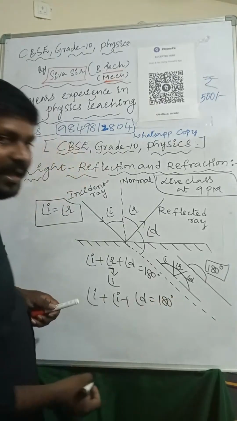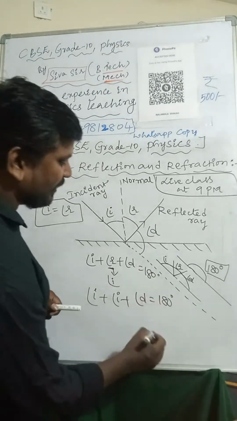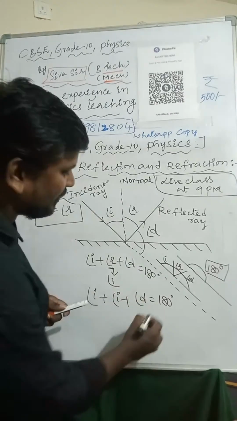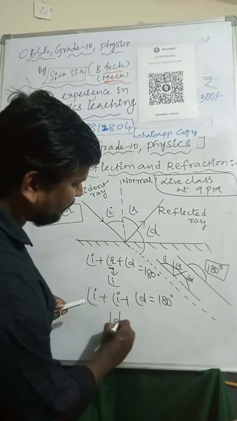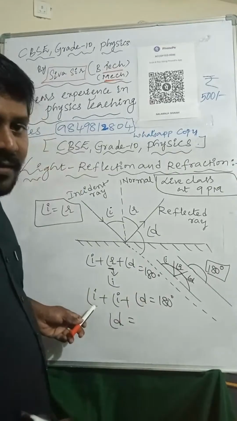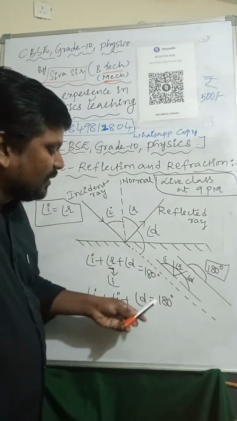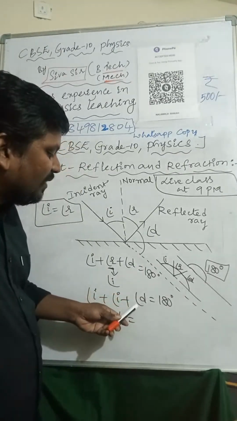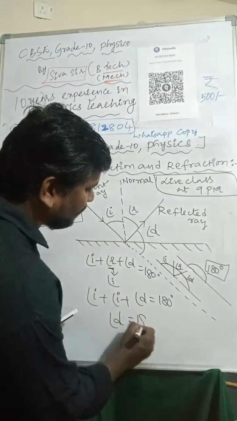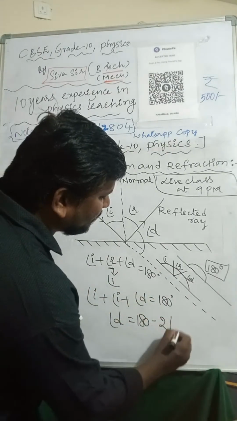So the angle of deviation equals 180 minus 2 times the angle of incidence.